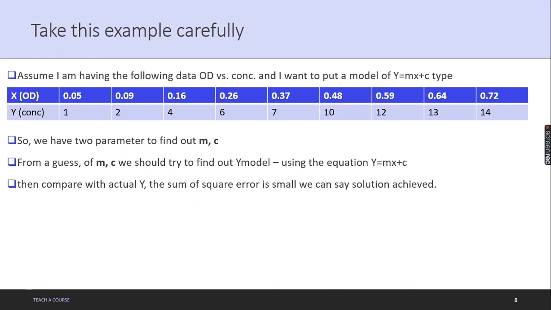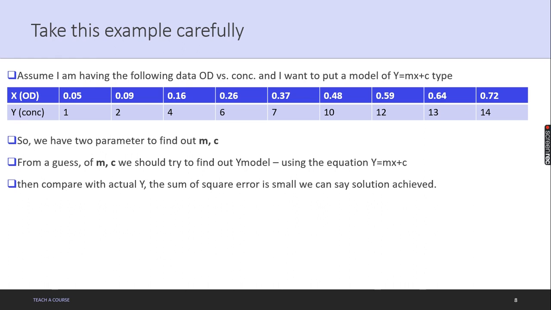For example, x values are 0.05, 0.09 and so on, that is optical density, and y, for example some protein concentration or biomass concentration, is given, for example 1, 2, 4, 6, 7, 10 like this. We want to find out if there is any linear relationship. That means we are putting a model that is y equals mx plus c.